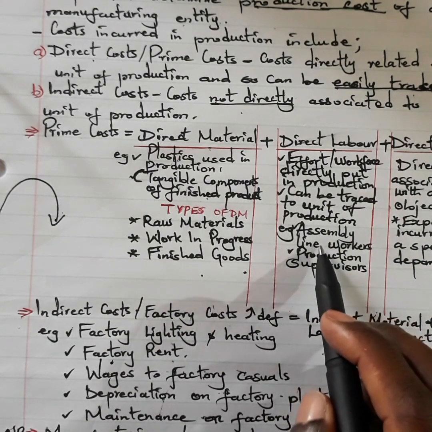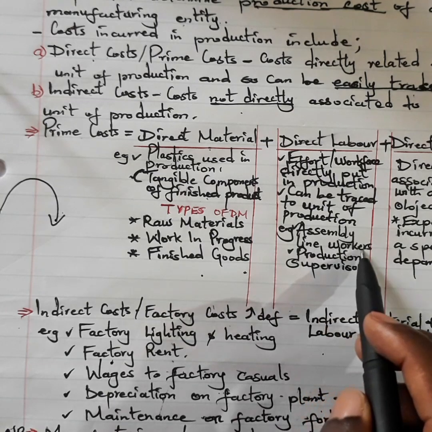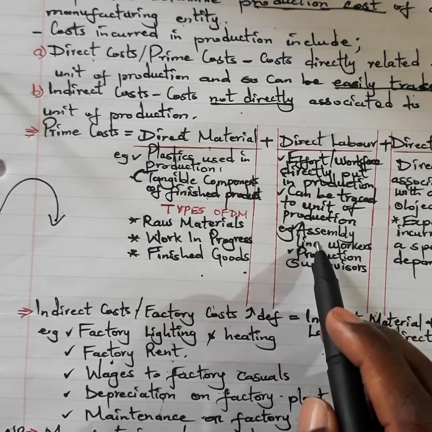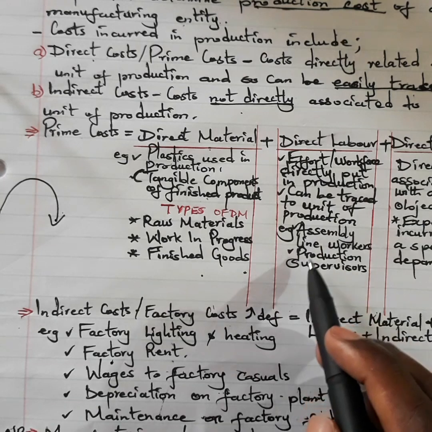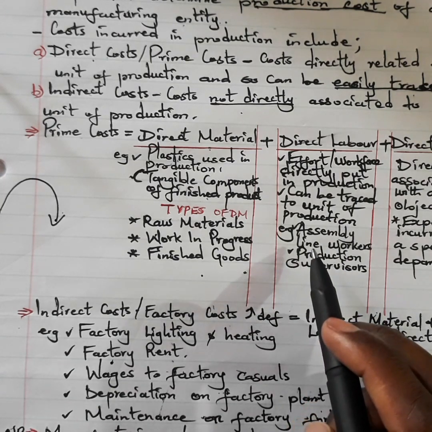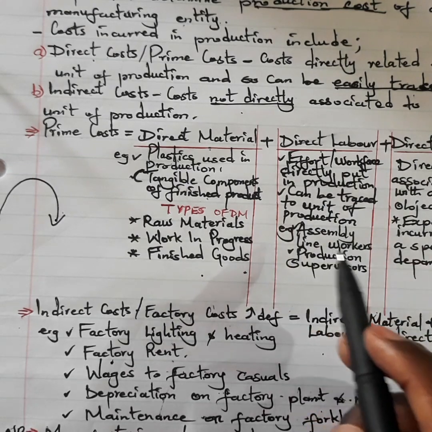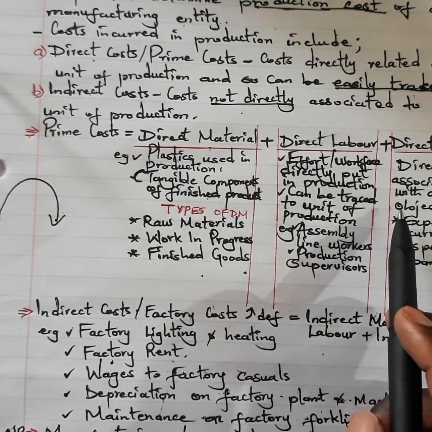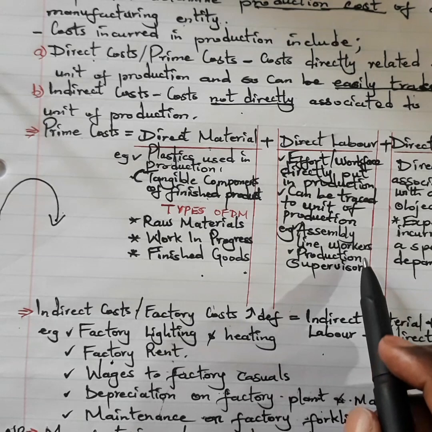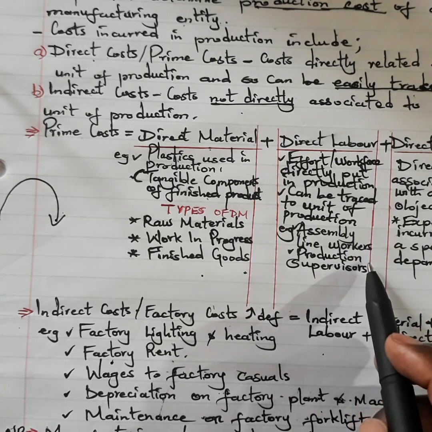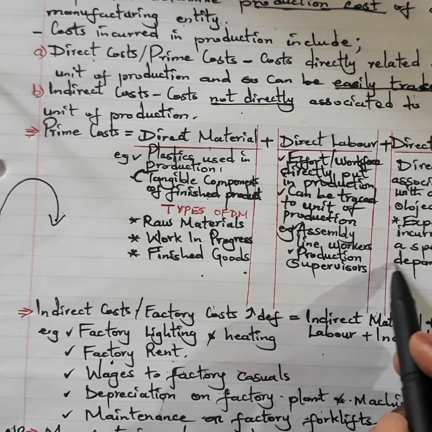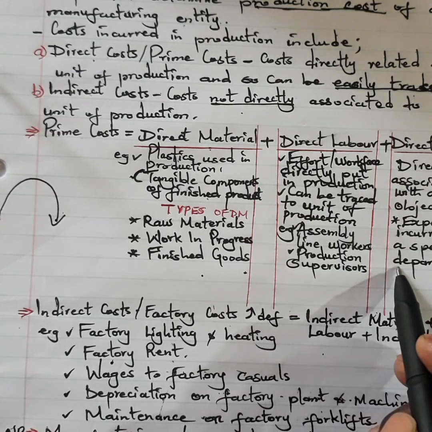These people have to be in the production premises for this activity to be undertaken in the right way. Then you have direct expenses, which are expenses incurred by a specific department, and for this matter, we are talking about expenses which a production department will incur.